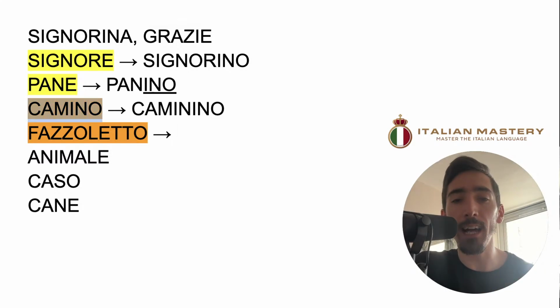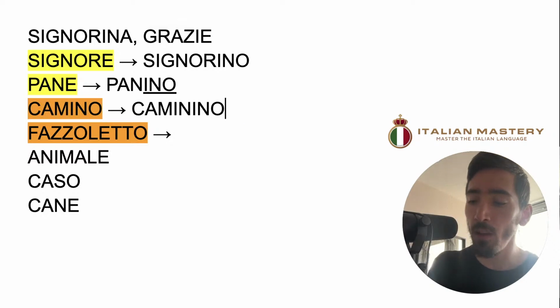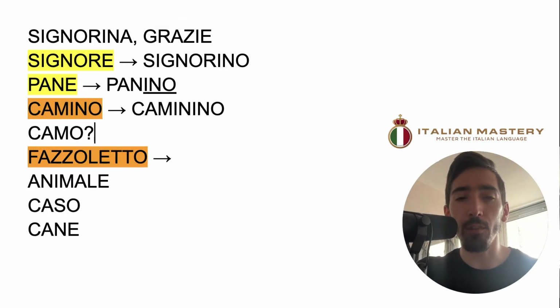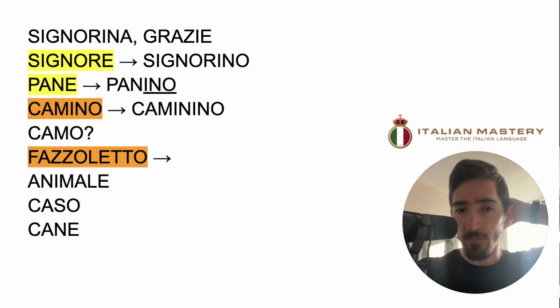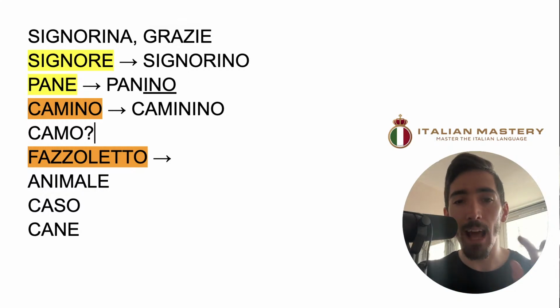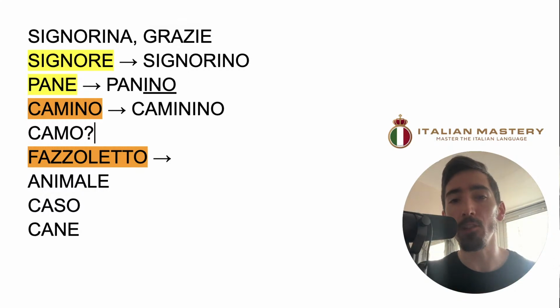There is no word in Italian called camo. And if there is, it's not the point to acknowledge its existence now. So camo doesn't exist. Camo doesn't mean anything. And camino is a word in its own right. It comes as camino. It means chimney.